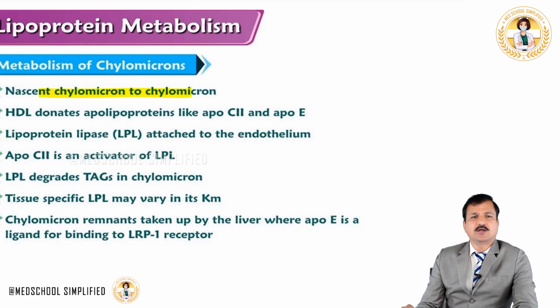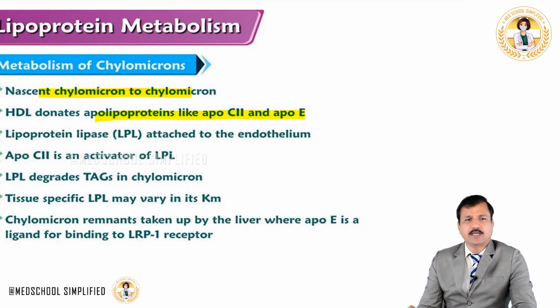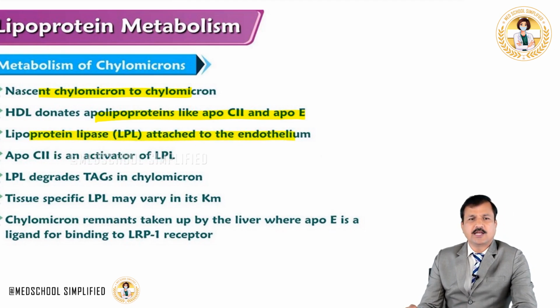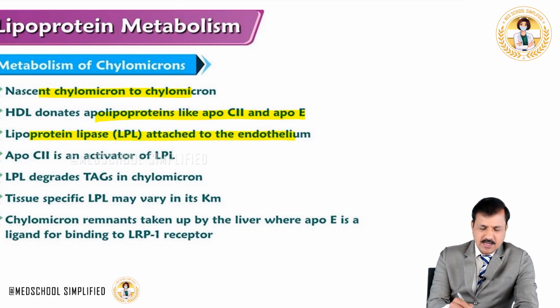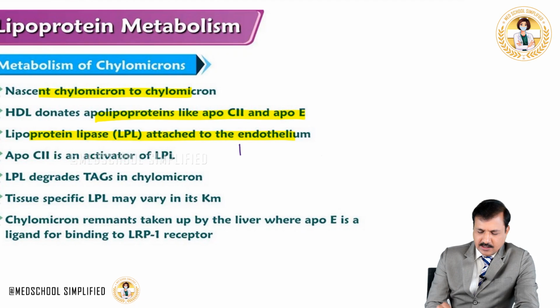Nascent chylomicron is converted into chylomicron in the circulation upon gaining Apo C-II and Apo E from HDL. So HDL is the donor of Apo C-II and Apo E. I have written that here. Lipoprotein lipase is attached to the endothelium of the capillaries, and also note that it is attached using a glycosaminoglycan called heparan sulfate.